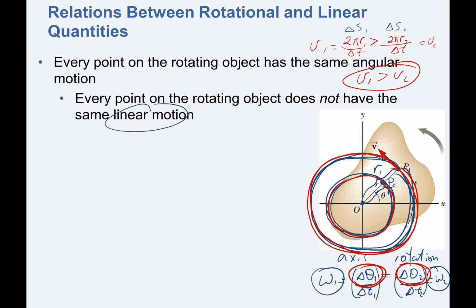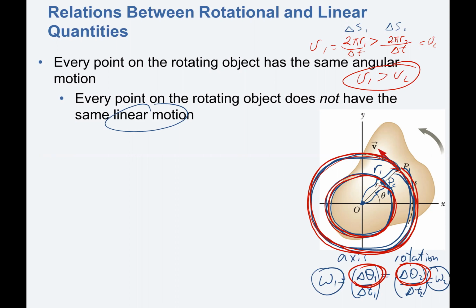That means any particle that is further away from the axis of rotation has to be moving faster, because the time it takes for particle 1 to go around is exactly the same as for particle 2 to go around.